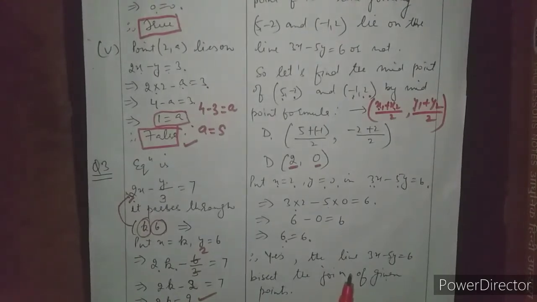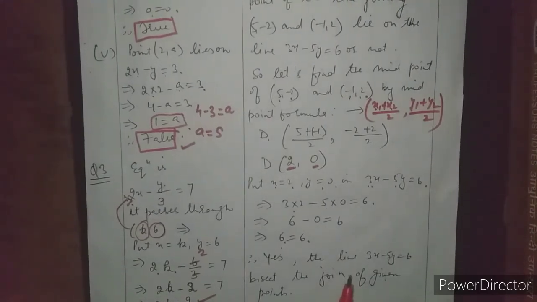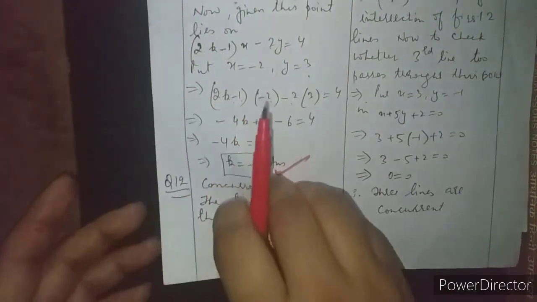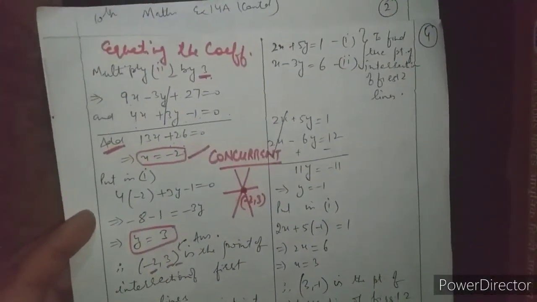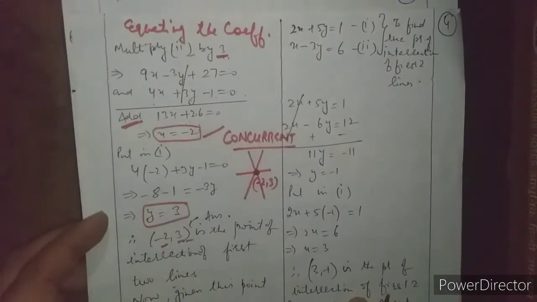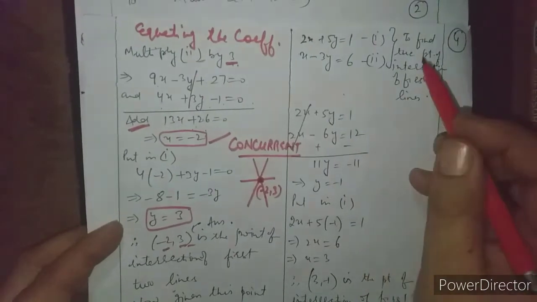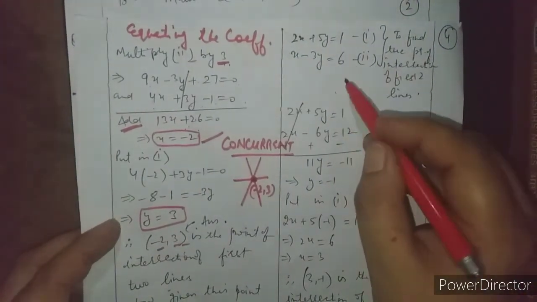Question number 7, and let us talk about the 7th only first. They will be called concurrent lines. So for that I will repeat the process of question number 11 only. I have taken up the first two lines, then I will find their point of intersection.